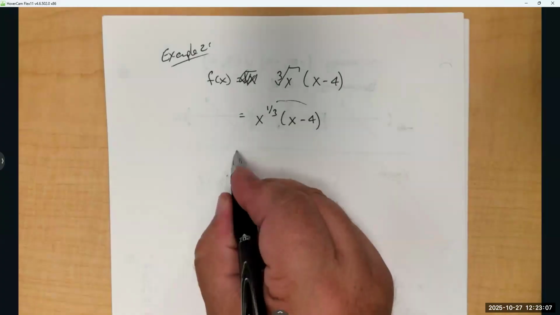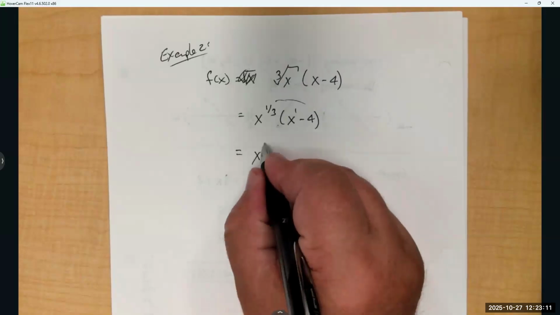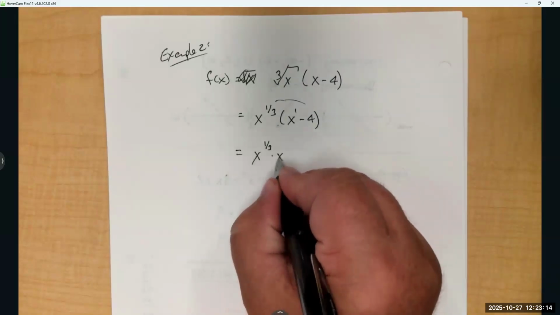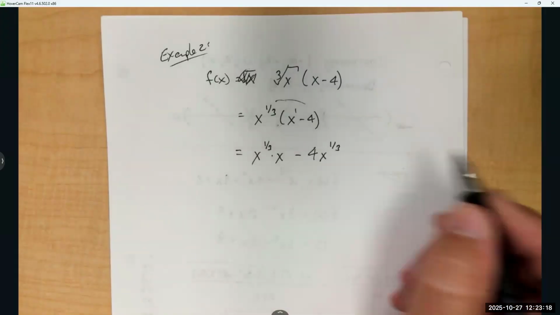Multiply these out. X to the power 1/3 times x minus 4, x to the power 1/3.